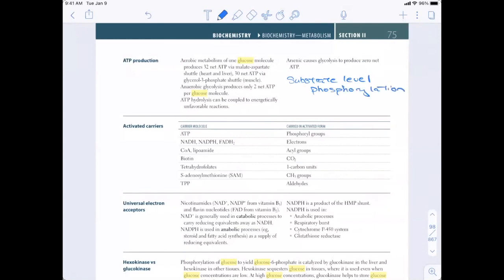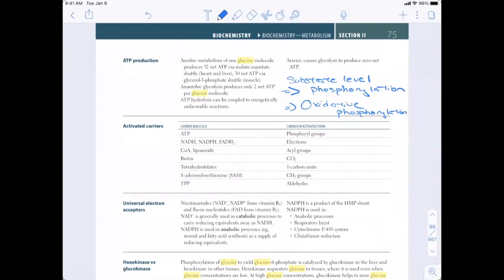That's the initial step, and that's where glycolysis comes in. Whereas you have another form which is called oxidative phosphorylation.